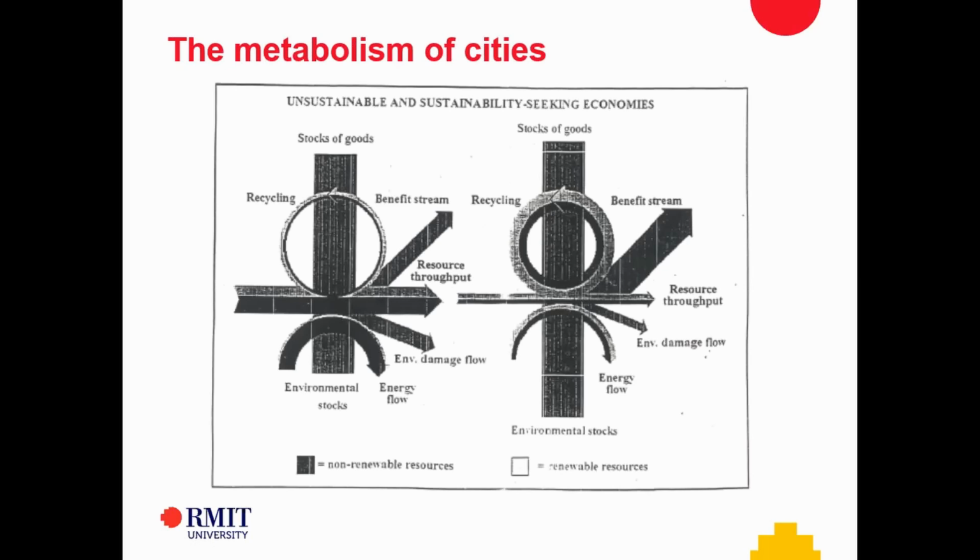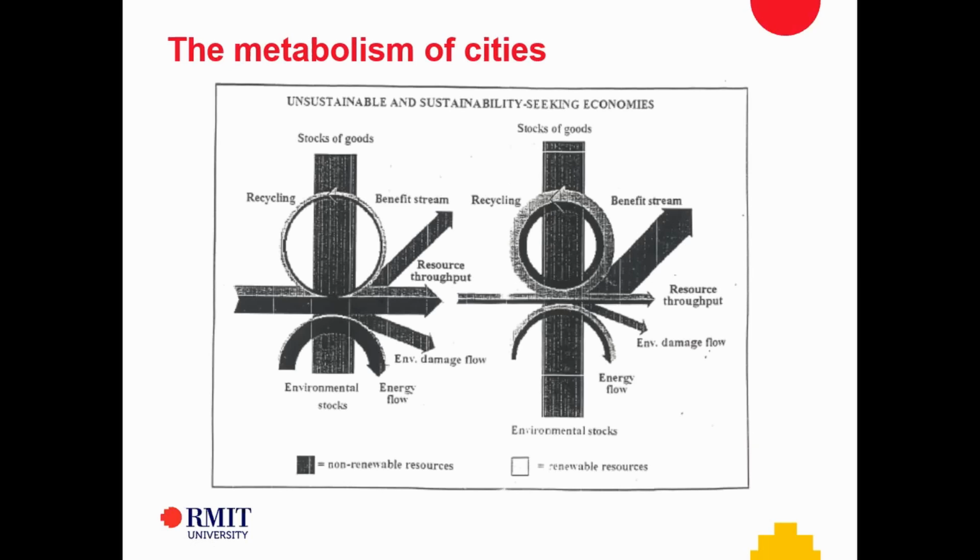It's not very significant in that model. And also the resource throughput, in other words, the stuff that simply goes in one end and disappears out the other as waste, resulting in the other larger bar, which is the environmental damage flow, is much more significant in the model on the left compared with the model on the right.